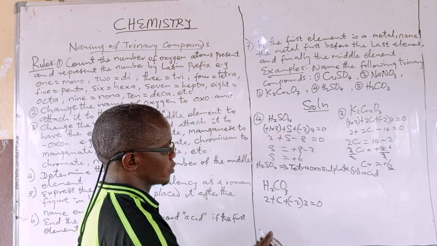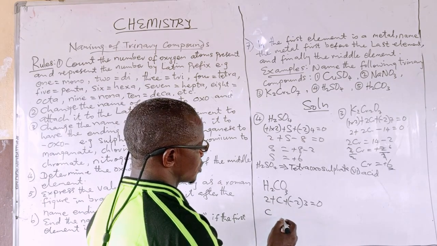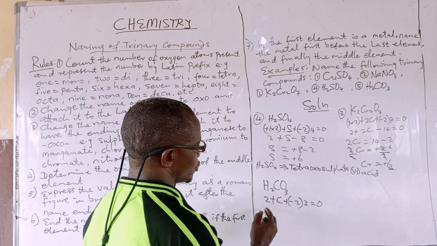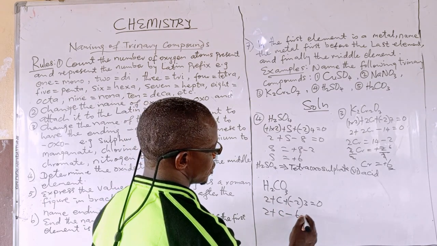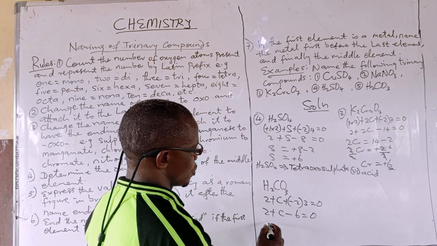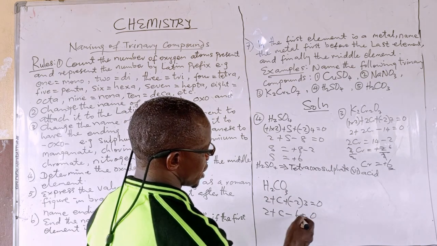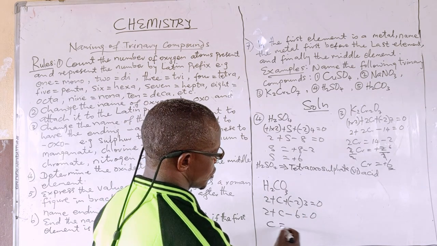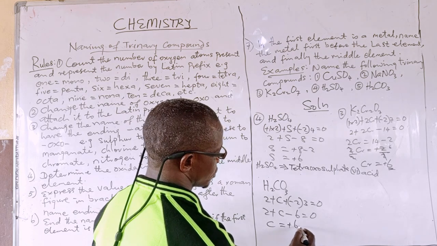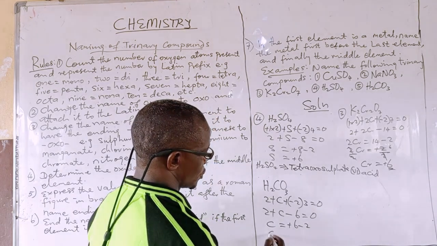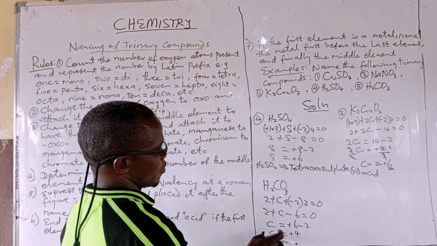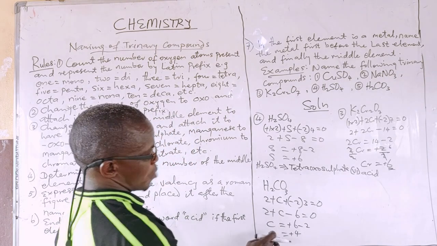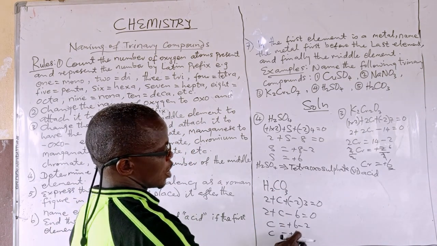Now work it out for carbon. 2 plus C minus 6 equal to 0. Now take this and this to the other side. You have carbon equal to plus 6 minus 2. C equal to plus 4. So the oxidation state of carbon in this compound is plus 4.